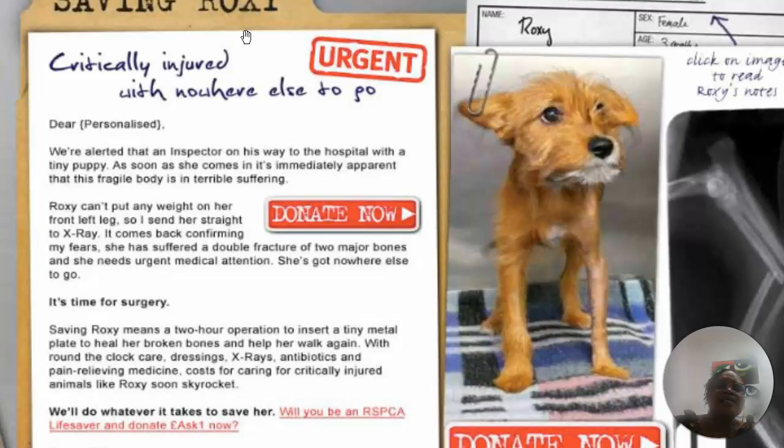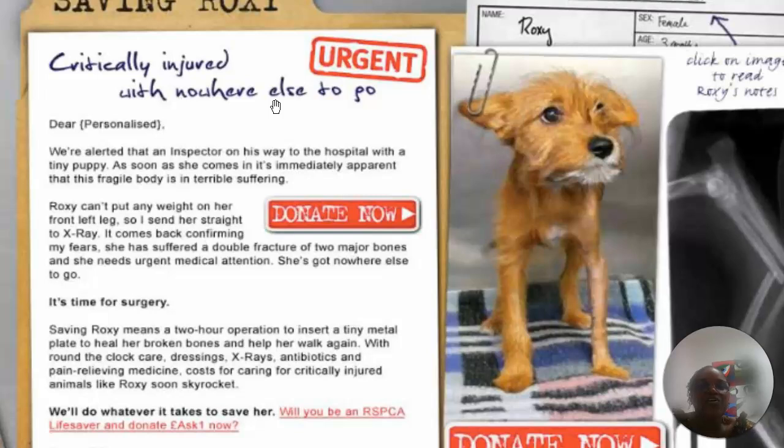Then underneath that heading, which is in a very black font, a very formal typography, you can see that this suggests some seriousness, especially being that it is written on a doctor's clipboard. Then critically injured with nowhere else to go looks like it is something that has been scribed or penned by a doctor.